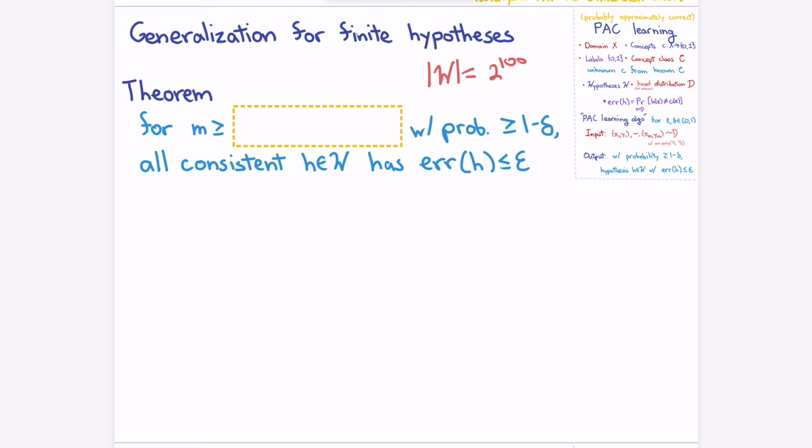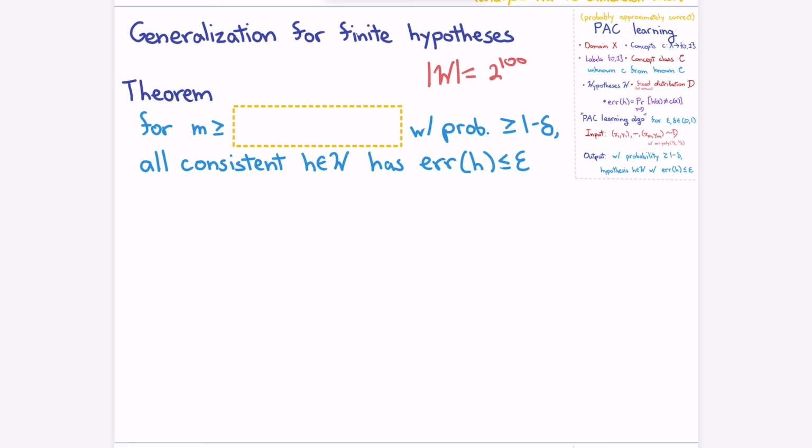That's appealing, because if you have a consistent learner and you've taken enough samples, then you're going to get something with good true error. And if you can find a consistent hypothesis.